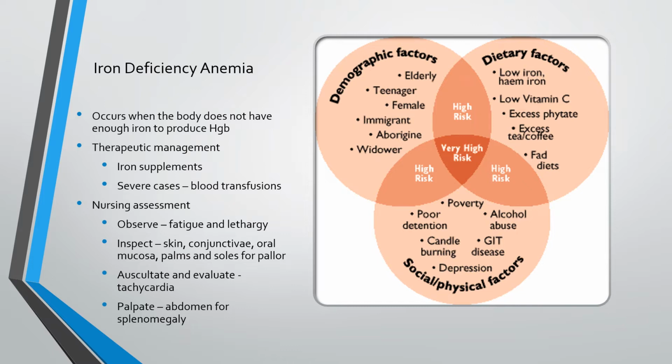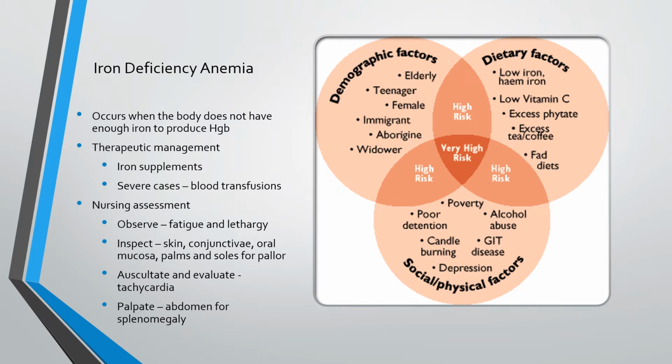As far as nursing assessment, we're going to start with history. We're going to talk about our risk factors. We're going to evaluate the diet history, and then we're going to observe. We're probably going to observe some fatigue and lethargy, because remember, we don't have those oxygen carrying cells going through our body, and it's going to cause some of that fatigue. We also will inspect the skin, the conjunctiva, the oral mucosa, palms, and soles for pallor.